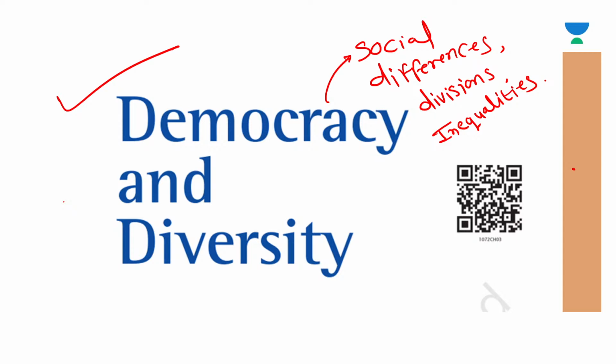Now, in this democracy and diversity, we will discuss how democracy responds to social differences, divisions and inequalities. So, an example of public expression of social divisions. Then, the general lesson about how social differences can take various forms. Then we turn to how democratic politics affects and is affected by these social diversities.